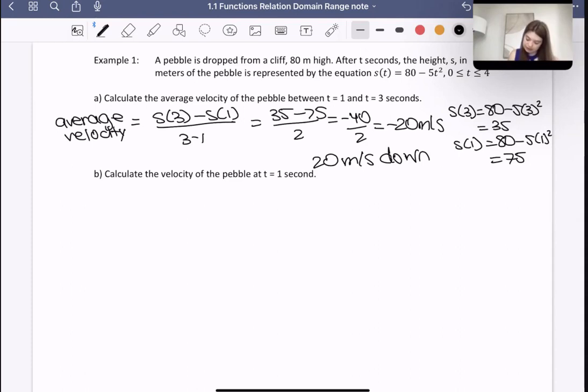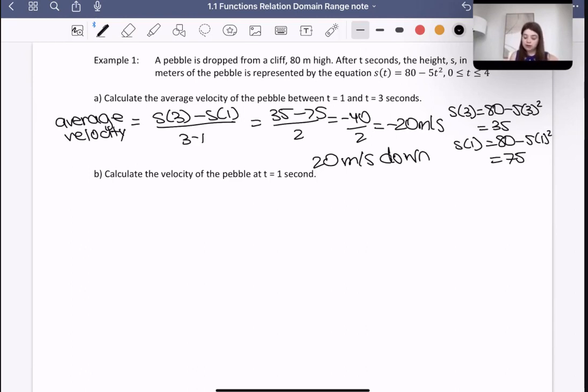Now, what about the velocity at exactly 1 second? Well, we could use our limit definition, and that would give us the exact answer. But I'm not looking for an exact answer today because we haven't learned limits. I'm looking for an approximate answer. So what I'm going to do is we're just going to do it to the nearest tenth.